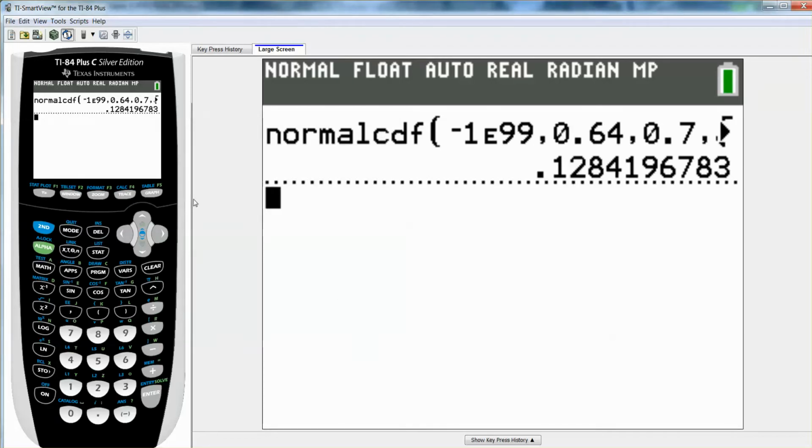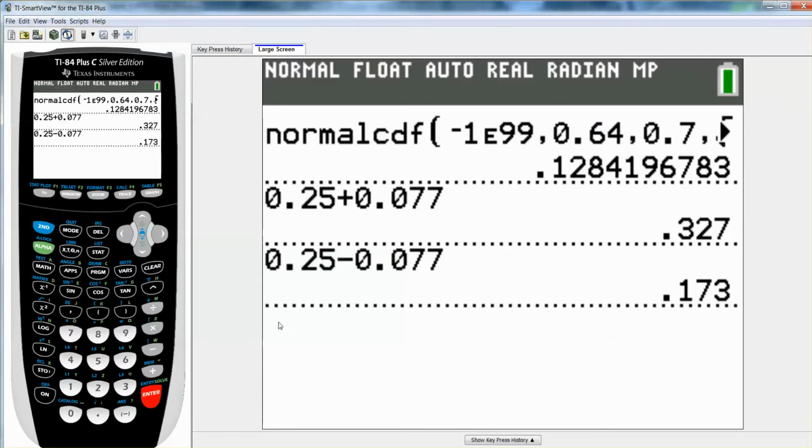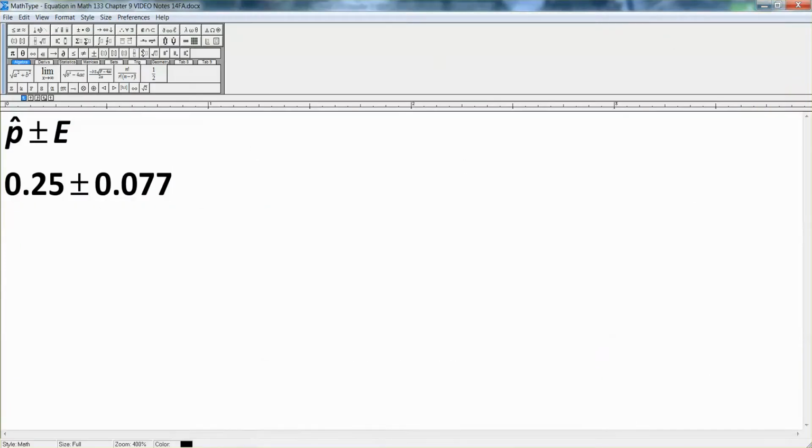I want to take 0.25 plus 0.077. Then I want 0.25 minus 0.077. So 17.3% to 32.7%. So 0.173, 0.327. That is your interval right there.